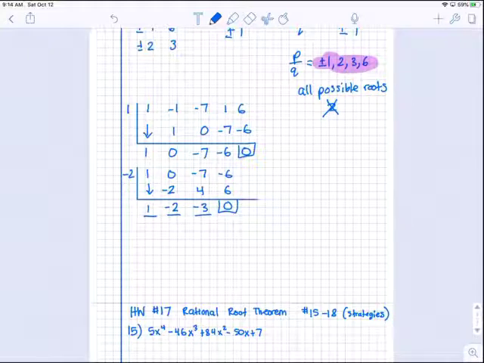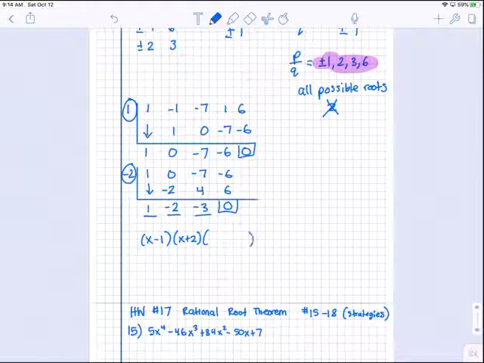So let's put it in polynomial form. Remember, in order to put it into polynomial form, these numbers on the outside are the opposite when you put it back into a polynomial. So x minus 1. And for this -2, it's going to be the opposite, so x plus 2.